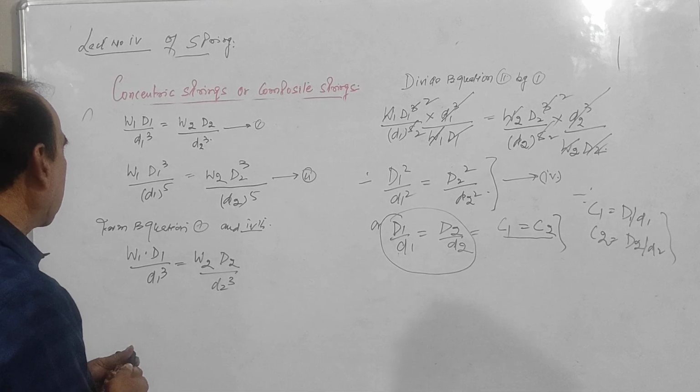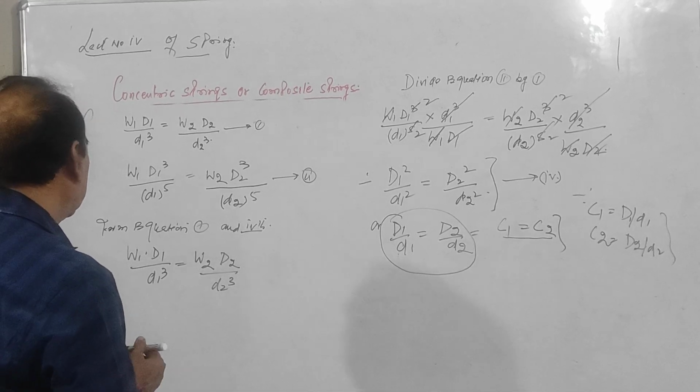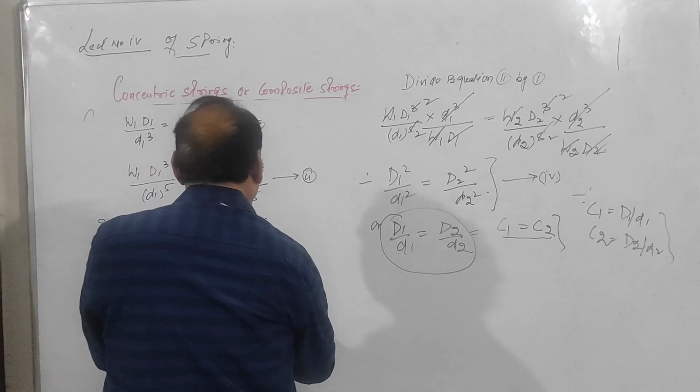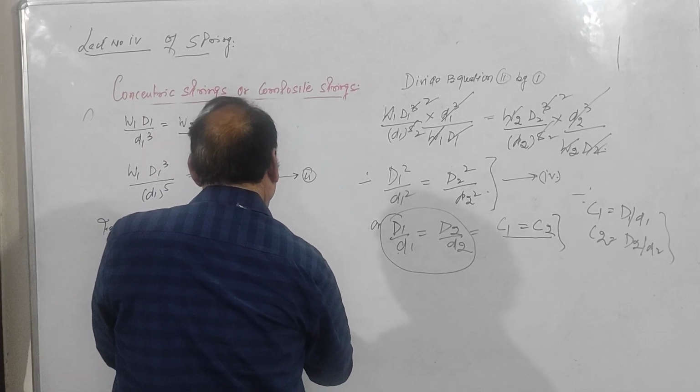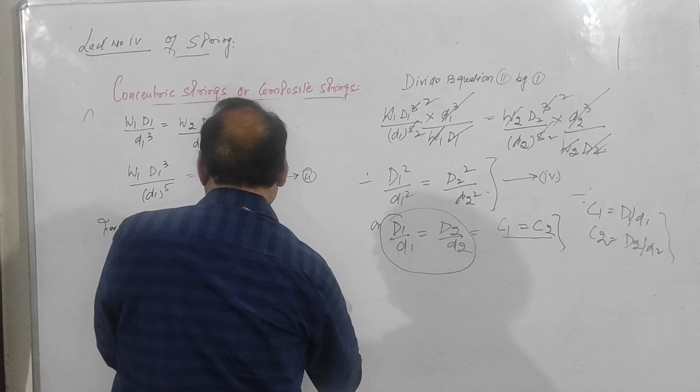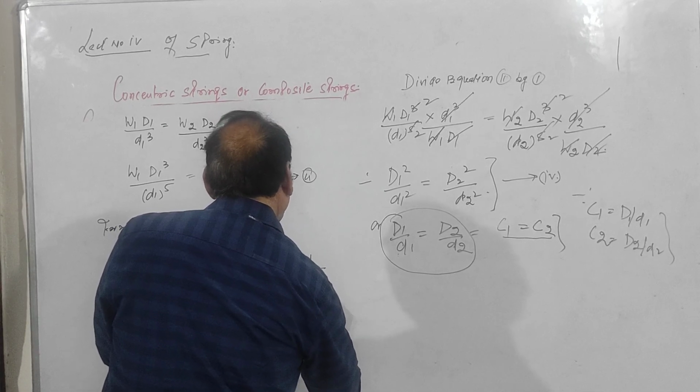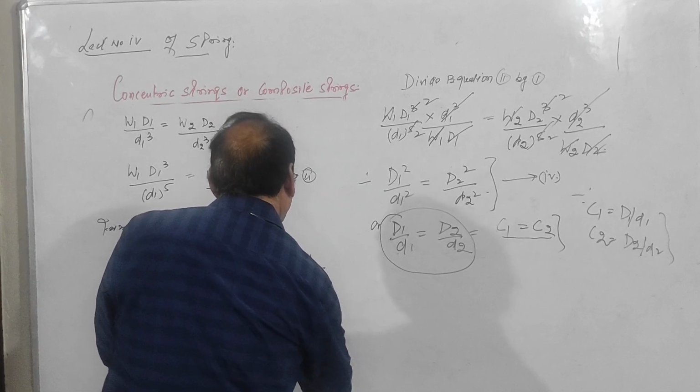तो मैं इसको इस तरीके से भी लिख सकता हूं, और यू कैन से W1 इंटू D1. मैं अगर इसको ऐसे लिखूं D1 स्क्वायर इंटू D1, कोई फर्क पड़ा?